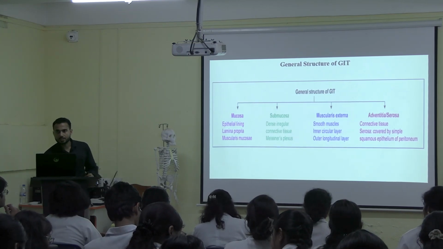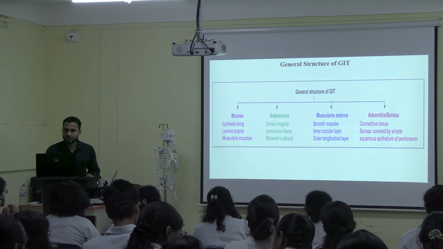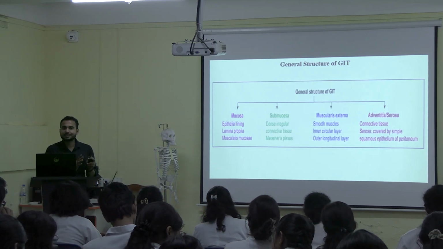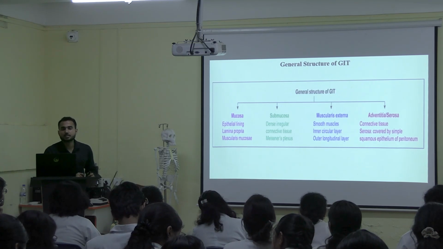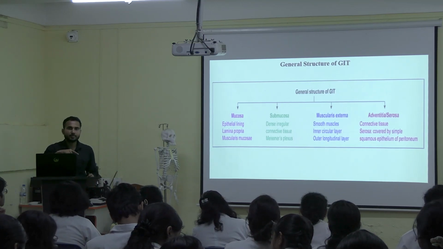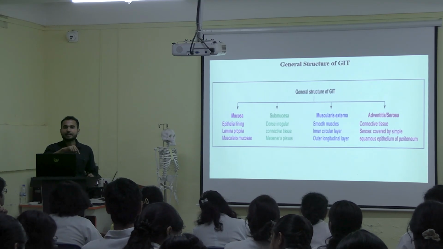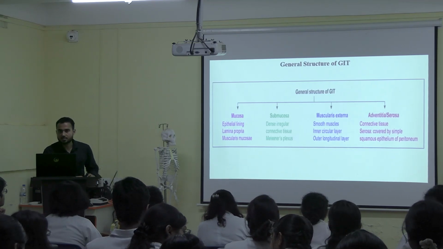Now these nerve plexuses have 2 components, both sympathetic and parasympathetic. Sympathetic nerves will be mostly postganglionic, and in case of parasympathetic, the parasympathetic ganglia are present. The fibers coming mainly from the vagus will relay on the ganglia present in these plexuses.